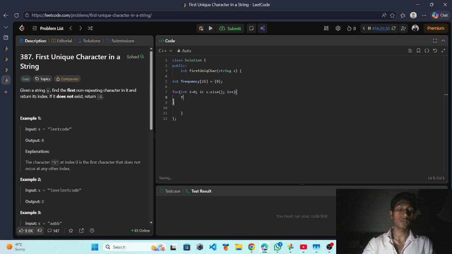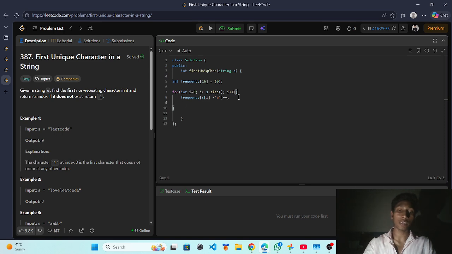Then we have to count the frequency: frequency of s[i] minus character 'a' plus plus, so it will be a count.